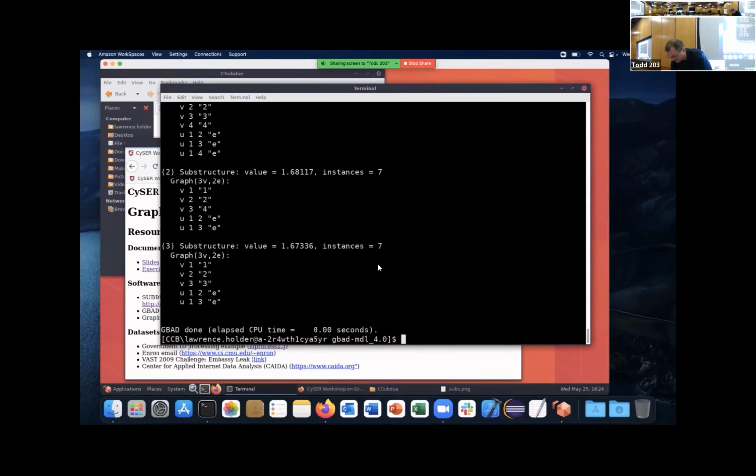But we have to run GBAD with the output parameter, so it produces a dot file directly. I'll just call it output.dot and give it the graph.